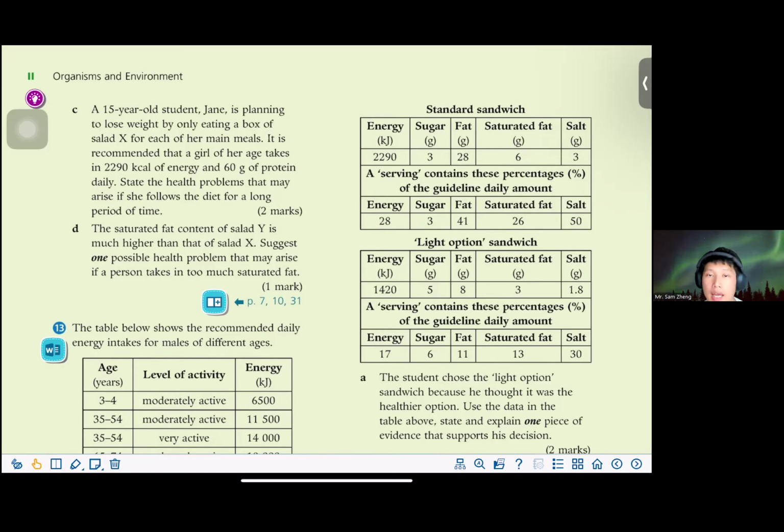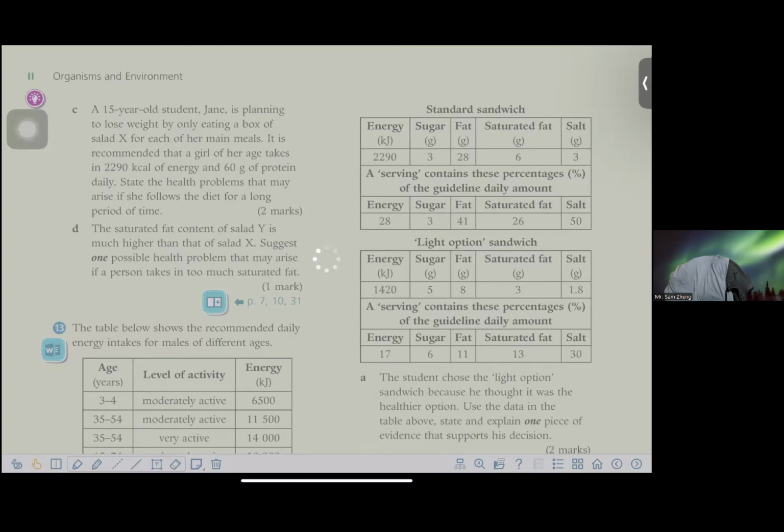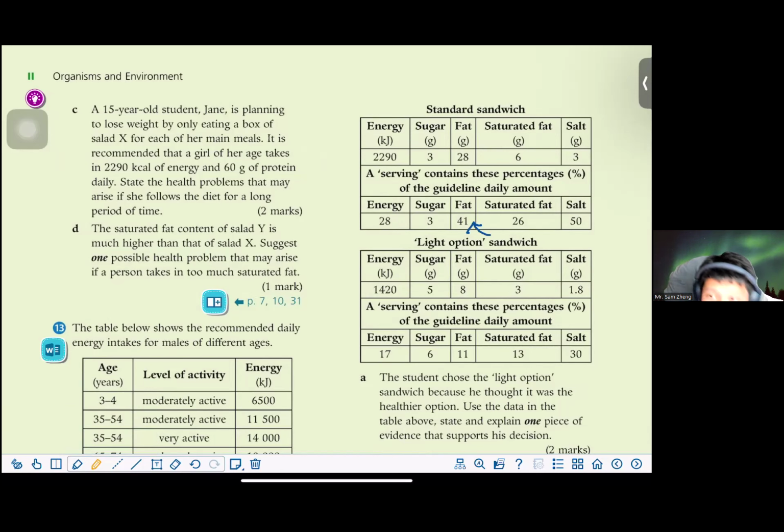Now, if you look at the standard sandwich, if we eat one standard sandwich, it already contributes 41% of your daily fat intake. This is the daily intake, while the other one is also the daily intake.